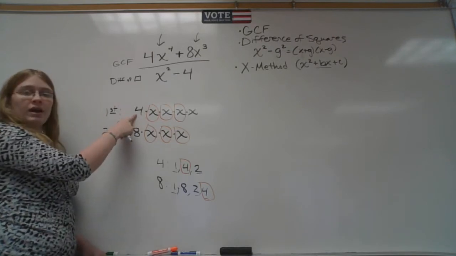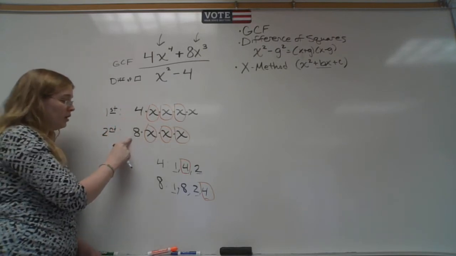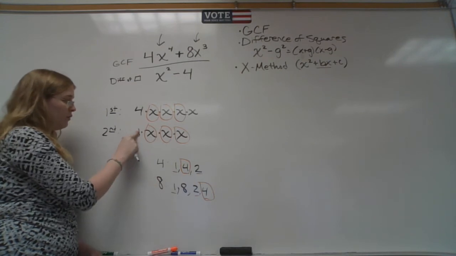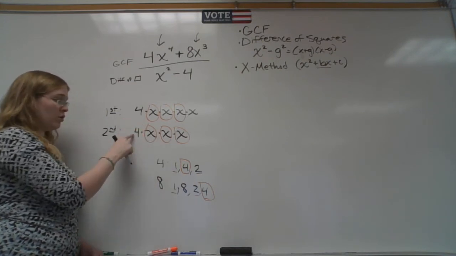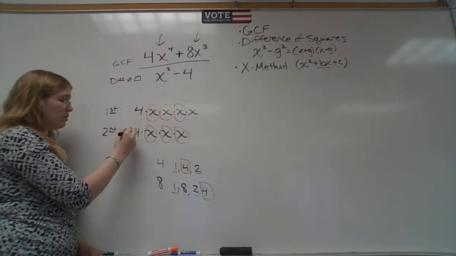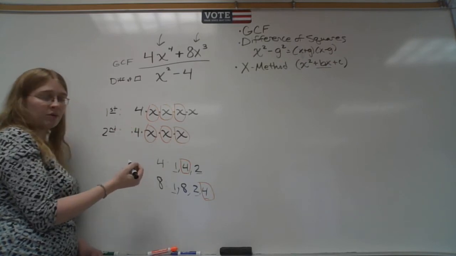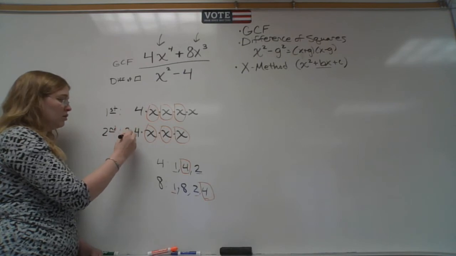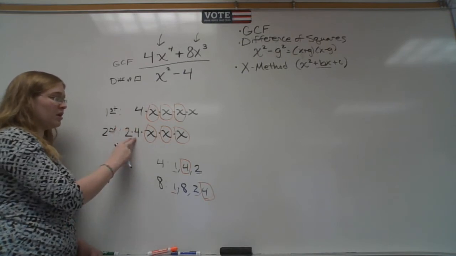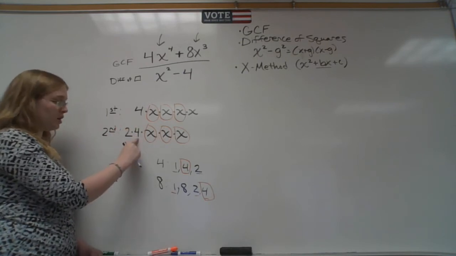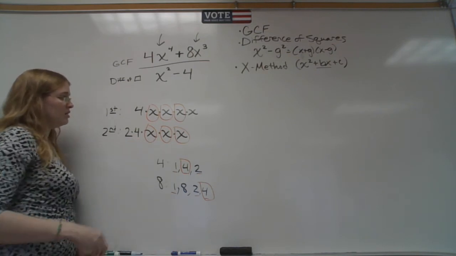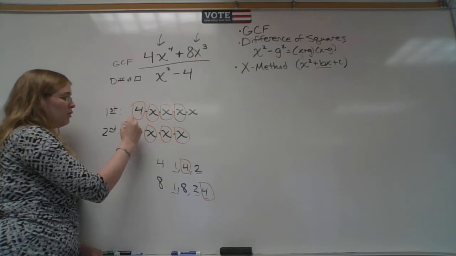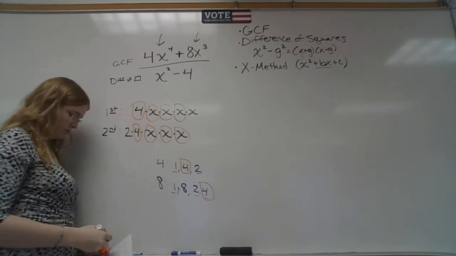So here where we already have 4, we're good. Here we want to have 4. But we know that the entire value here should be 8. So you got to say, what do I multiply 4 by to make 8? 2. So now this has the same value as it did before, 8, but we can also see our 4. And now that we can see our 4, we see that we have another factor here.